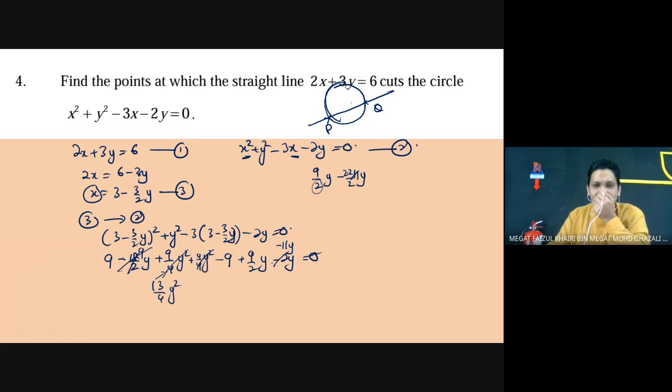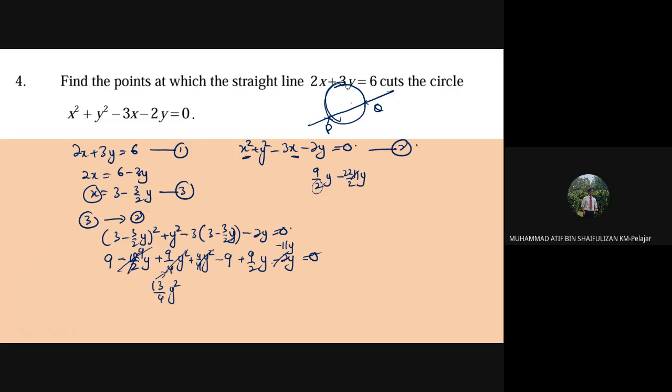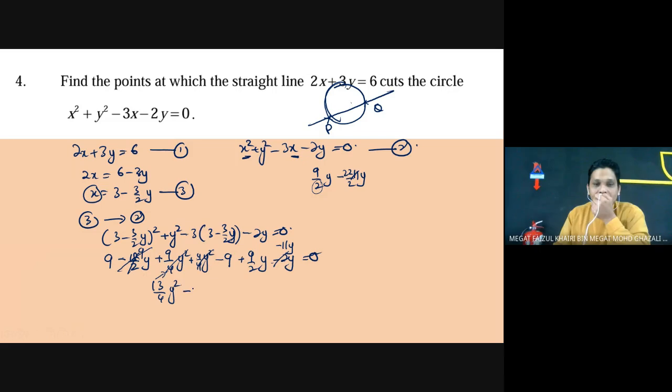So 9 minus 22, negative 13, right? Over 2. Okay. Negative 13 over 2. So then 9 minus 9 equal to 0.